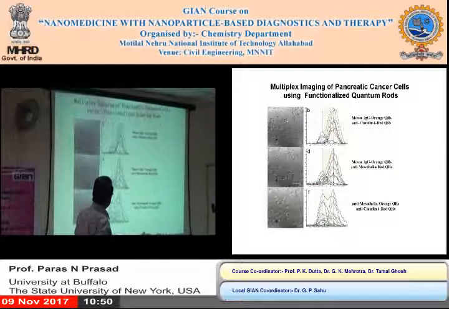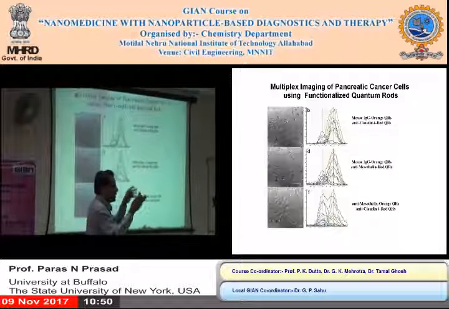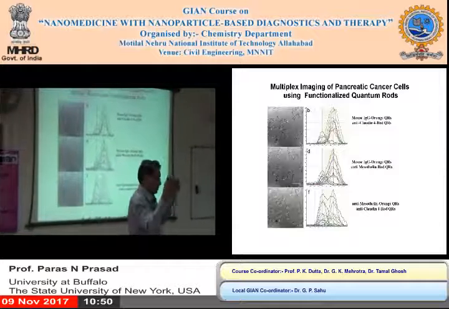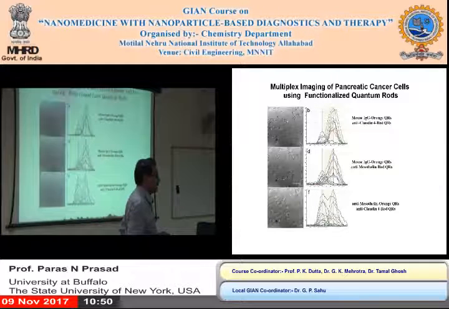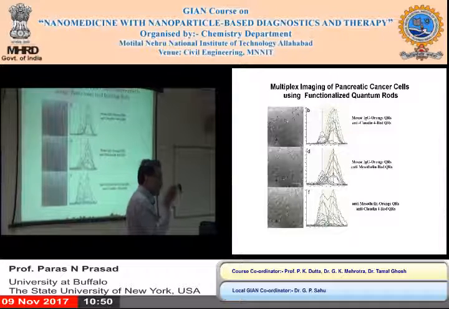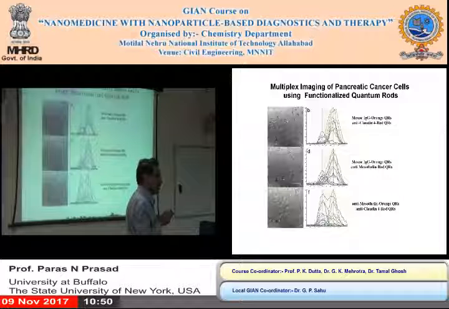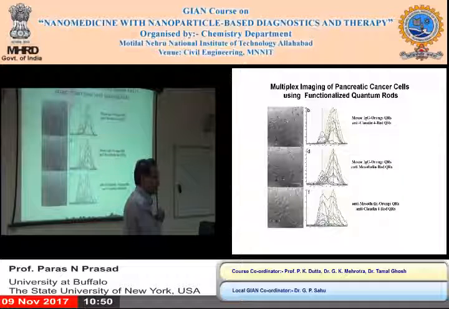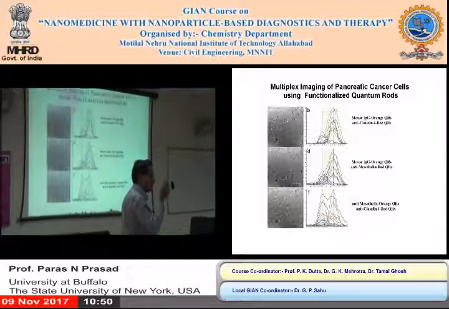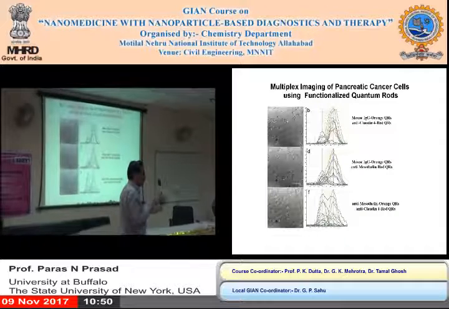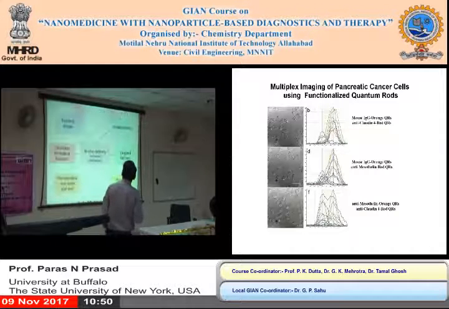So when they are both expressed and you see the effect of both attaching there on the cell, you know that that cell is really pancreatic cancer. So there are two signatures we are identifying to verify that indeed it is pancreatic cancer, not something else.